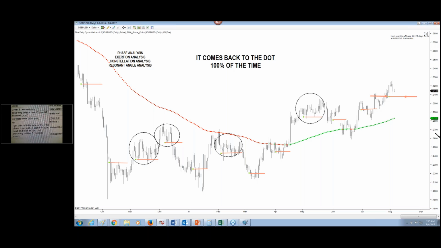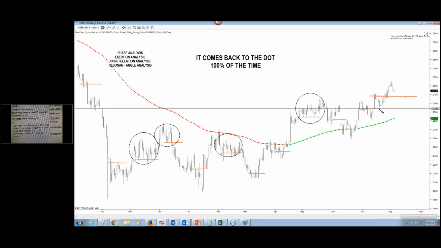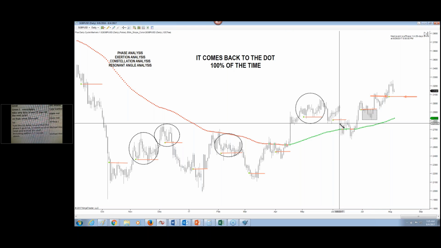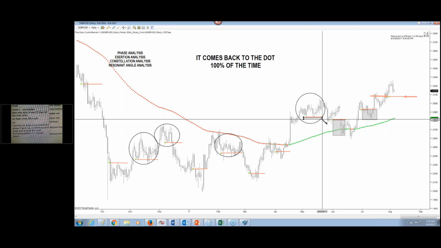The second thing is sometimes it punctures through. So relative to the dot, last time it went this far below the dot. The other time it went that far below the dot. Here it only went just a little bit below the dot.